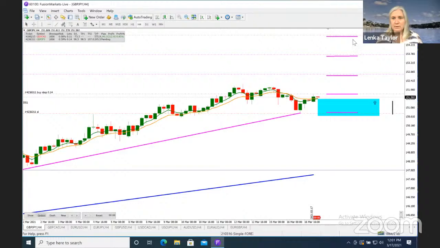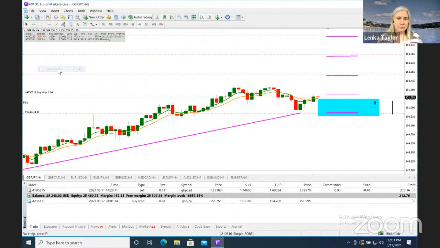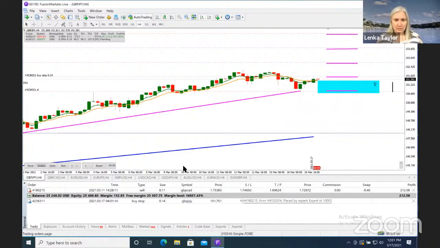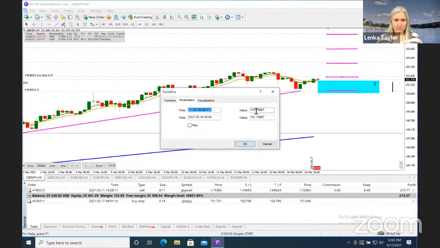Okie doke, so let's have a look on the terminal. I'm going to take the price from there. So entry would be at 151.751. So that's entry.